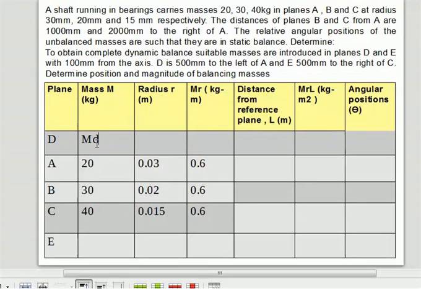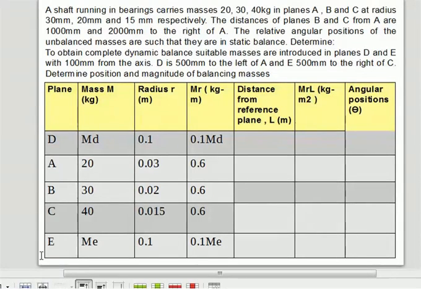We'll write it as mass D and mass E. Its radius is 100 mm each, so in terms of meter, 0.1 meter. So the product of mass into radius is 0.1 times mD, and here 0.1 times mE.